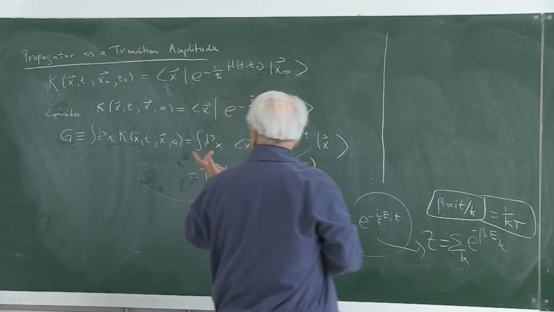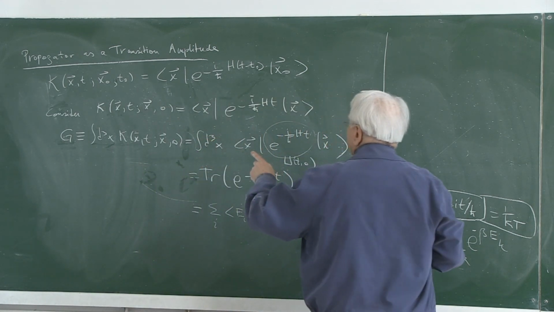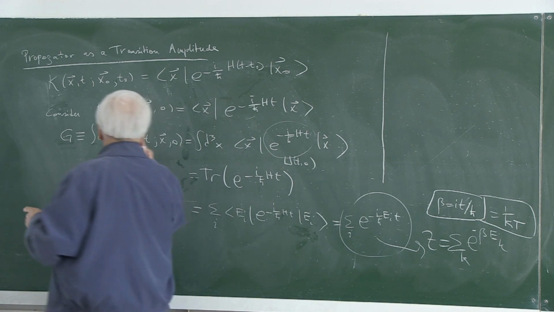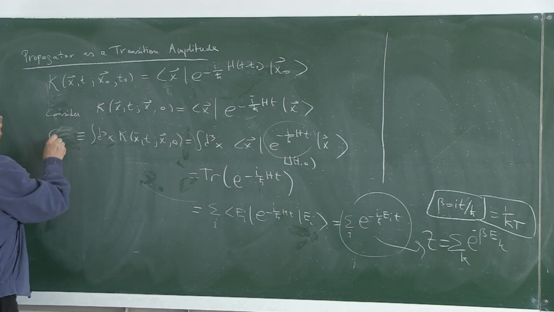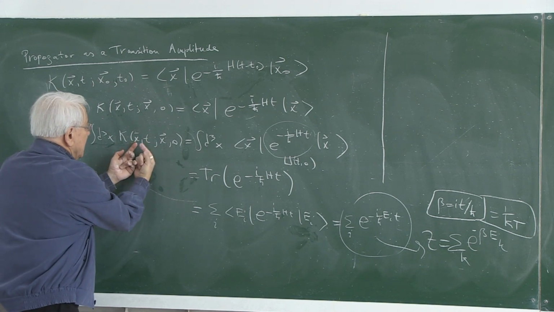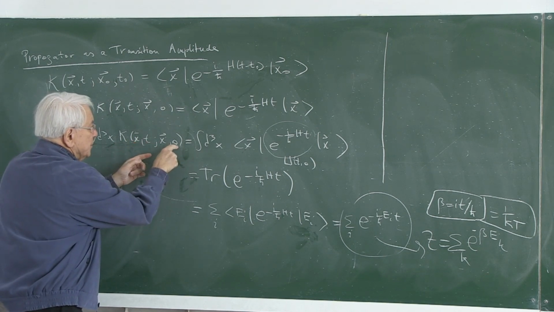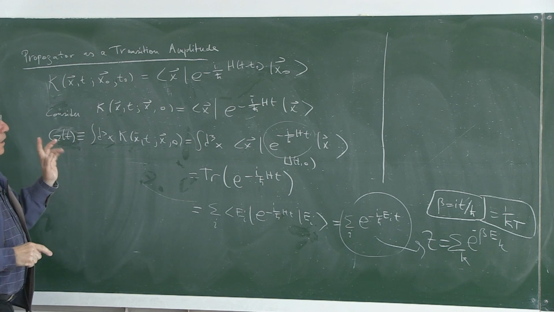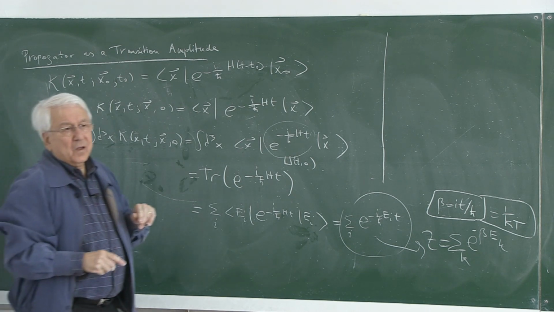What is the Laplace transform of this G? G is a function of t. Notice that here G is a function of t because we have identified the x. T is the free variable by choosing the origin of time as 0. This is just a function of t.